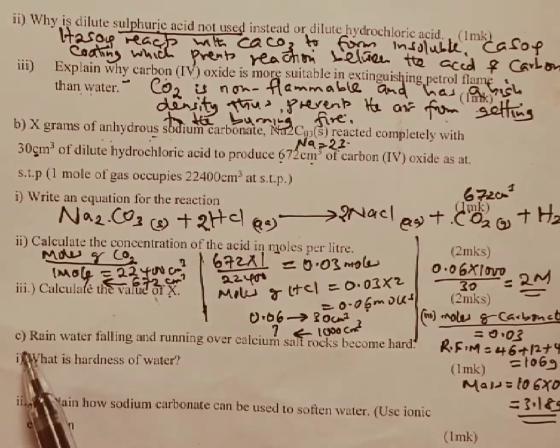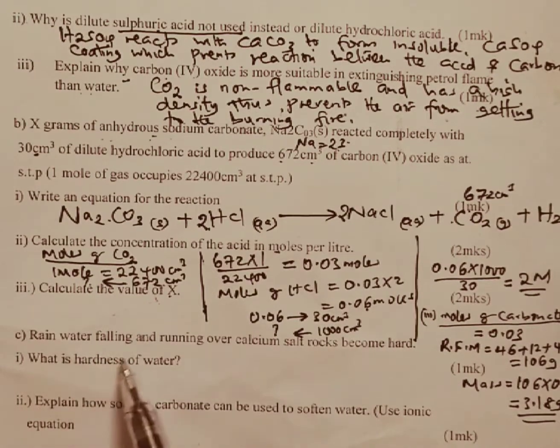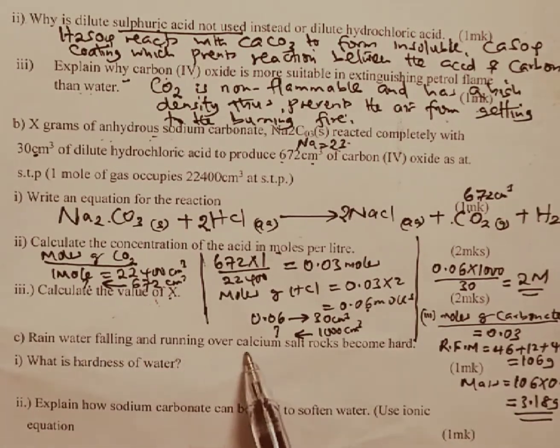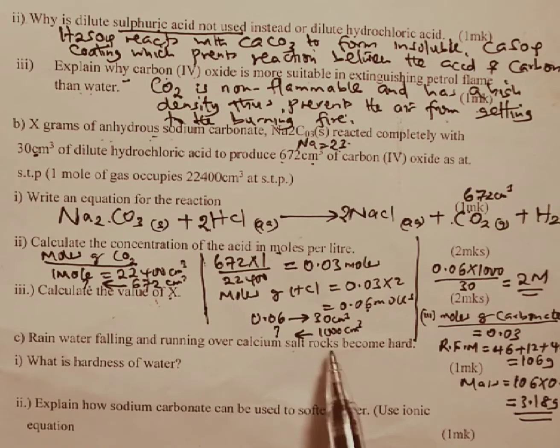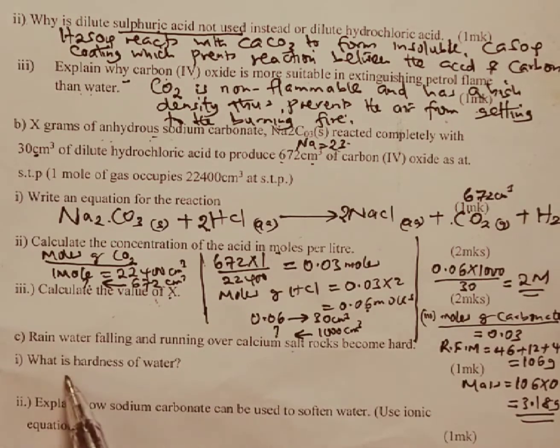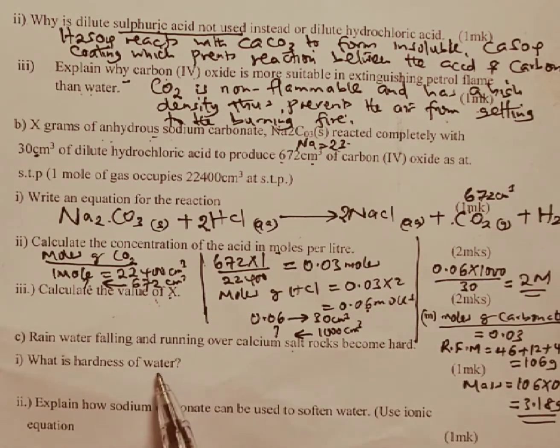Rainwater, that is part C. Rainwater falling and running over calcium salt rocks become hard. What is hardness of water?